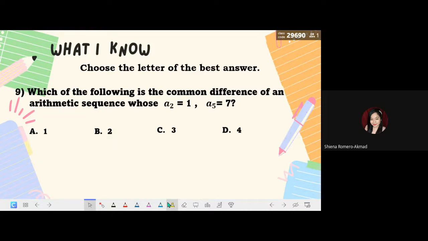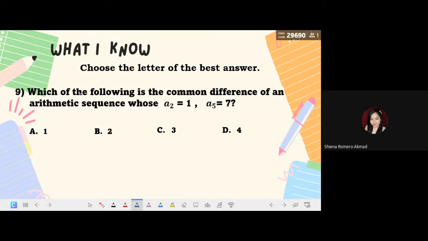Hindi tulad kanina, binibigyan kayo ng sequence. Minsan, first 4 terms, minsan, first 5 terms. Pag ganun yung example, alam nyo na agad ano yung common difference. Pero pag ganito, iba po yung ginagawa natin, no? For us to get the common difference, we simply use the general form of an arithmetic sequence.